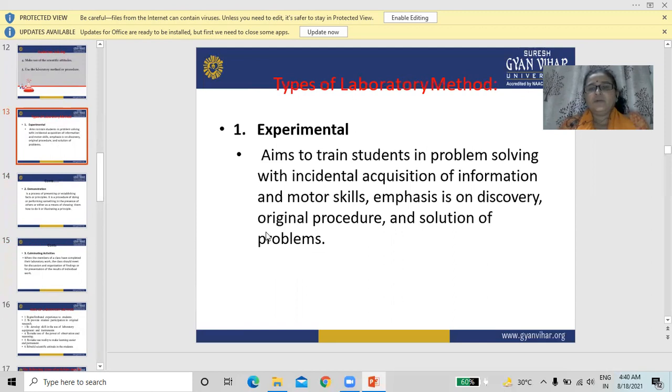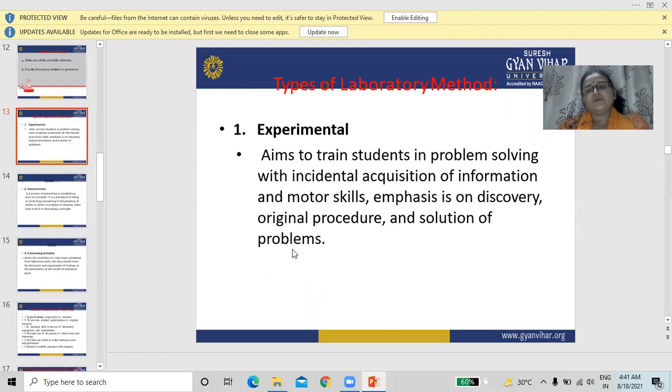The experimental laboratory method is aimed to train students in problem solving with incidental acquisition of information and motor skills.